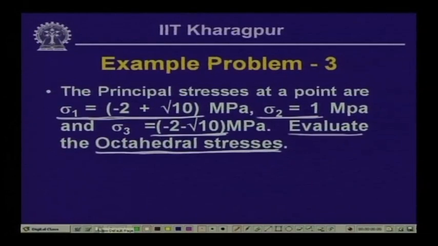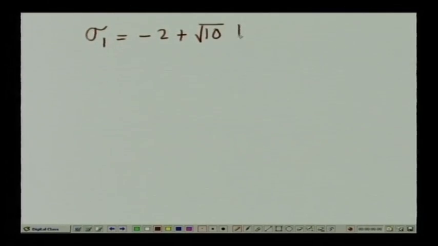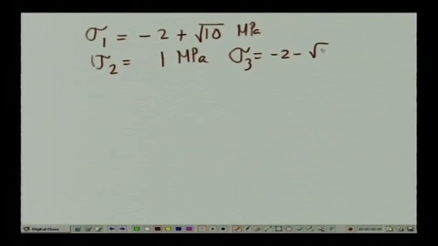So, let us compute these values. We have sigma 1 equal to minus 2 plus root 10 MPa as the maximum principal stress. Then we have sigma 2, the second principal stress, as 1 MPa, and sigma 3 equal to minus 2 minus root 10 MPa.